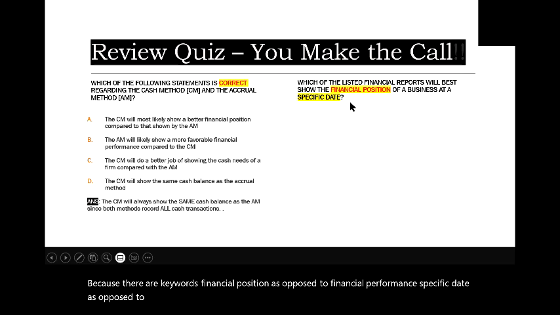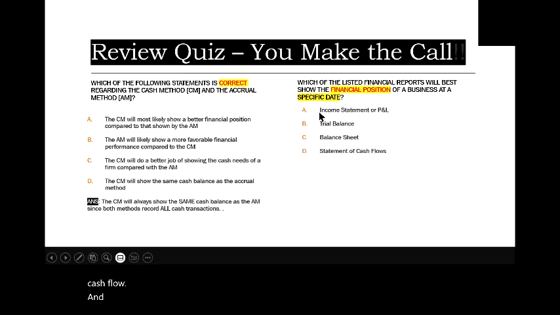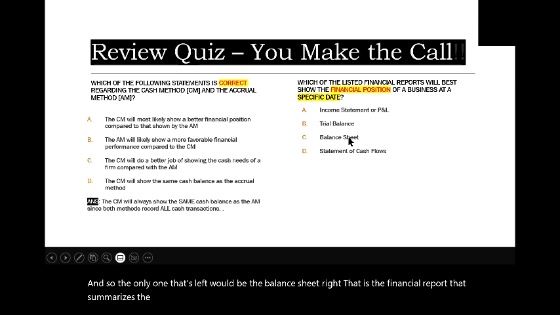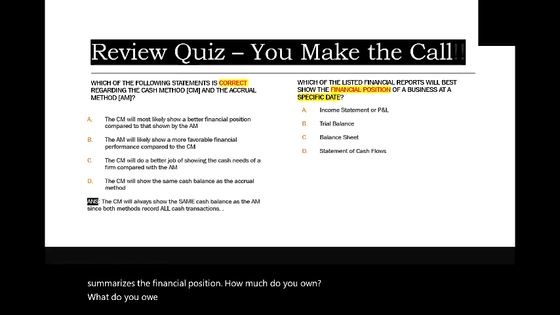And so it cannot be the income statement. It cannot be the statement of cash flow. And so the only one that's left would be the balance sheet, right? That is the financial report that summarizes the financial position. How much do you own? What do you owe to an outside entity, and how much is owed to the owner on a specific date? That is the balance sheet.